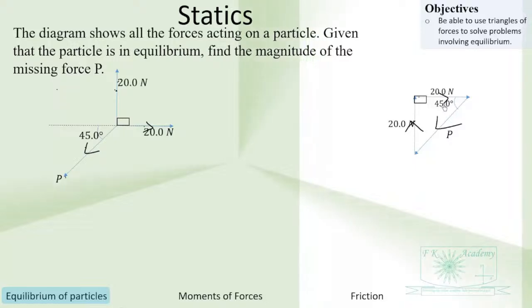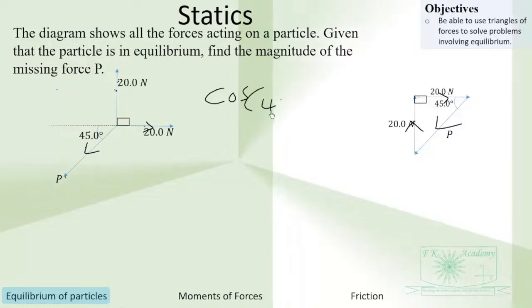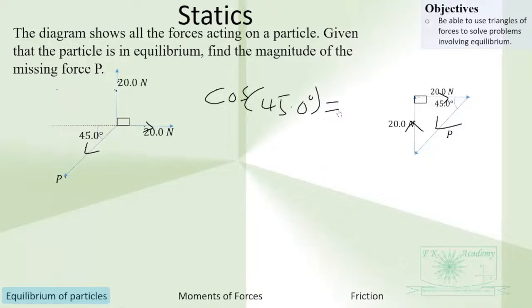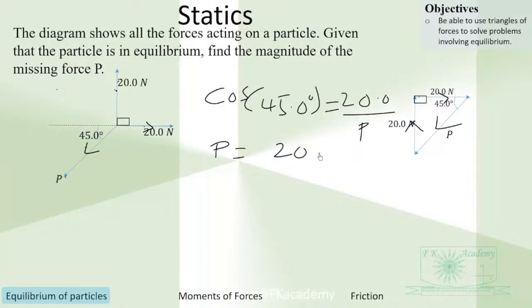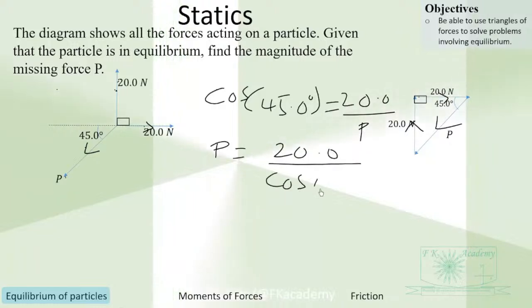So for instance, we know that cosine of 45.0 degrees will be equal to adjacent, which is 20.0, over hypotenuse, which is P. So P will be equal to 20.0 over cos 45.0 degrees.